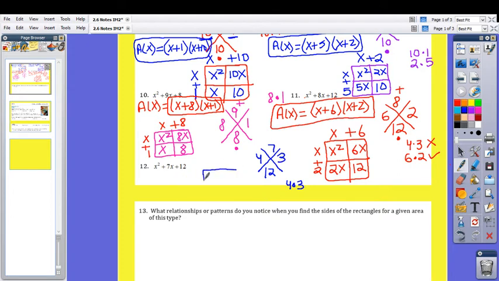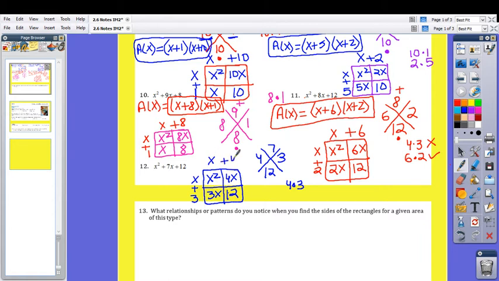So we will be making our box. So this is x squared, this is 12, and then 7x we split as 4x and 3x, so this will be x and x. If this is x then this has to be 3 because 3 times x gives you 3x.